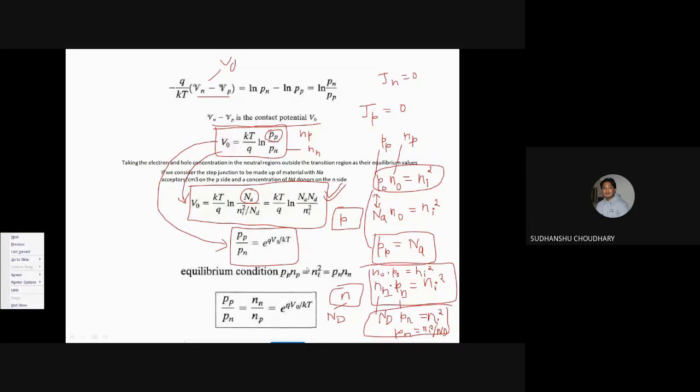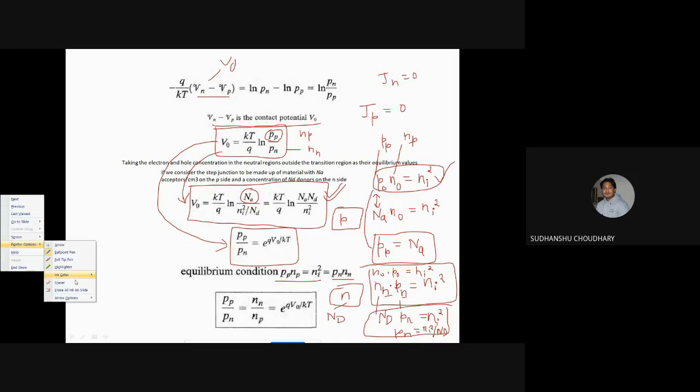And in equilibrium, as we have already mentioned, for a p-type semiconductor, holes in p-type semiconductor multiplied by electrons in p-type semiconductor is equal to Ni square.